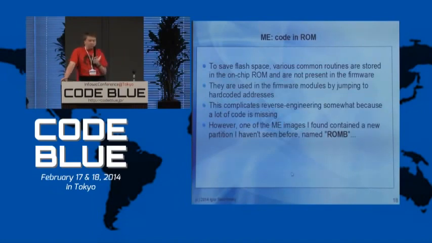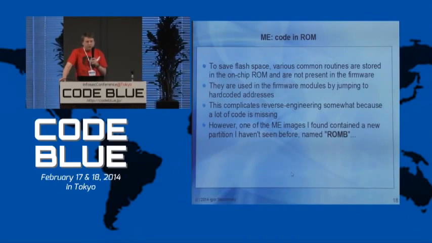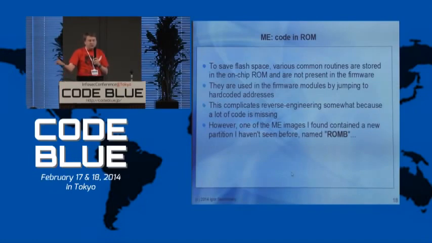Now, one difficulty that I encountered when analyzing firmware for this management engine is the code in ROM. Apparently, to save flash space, there are several common routines, such as C functions, memcopy, string copy, which are not put in the upgradable firmware, but in the on-chip ROM.